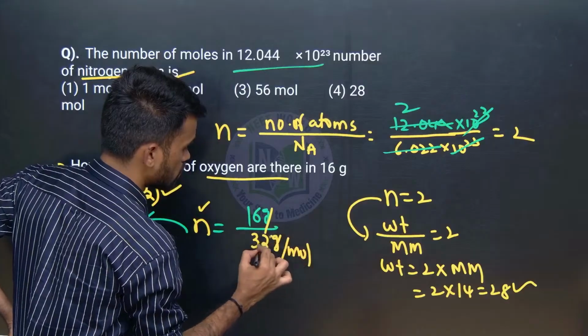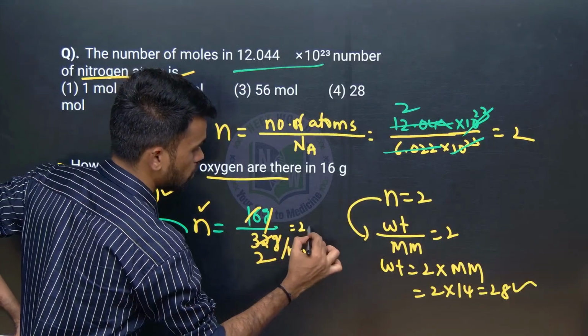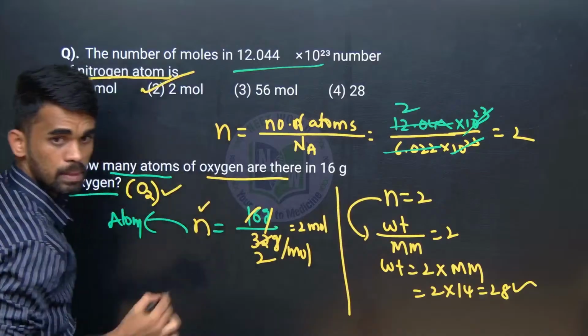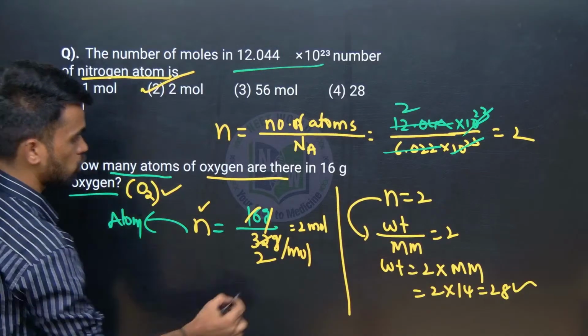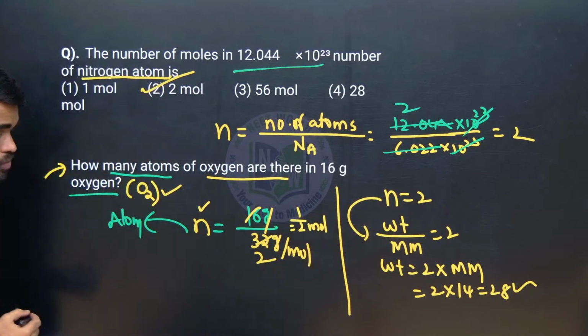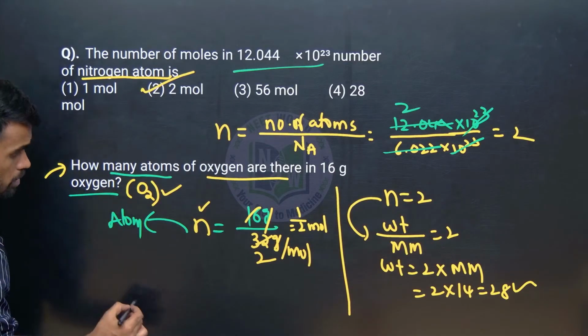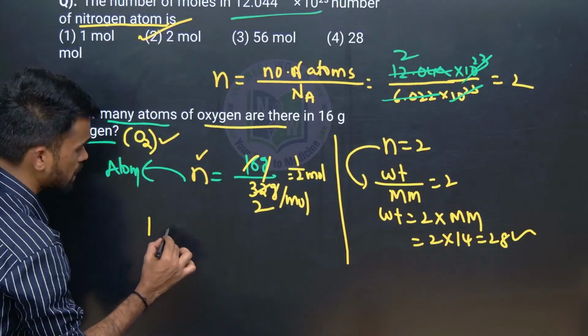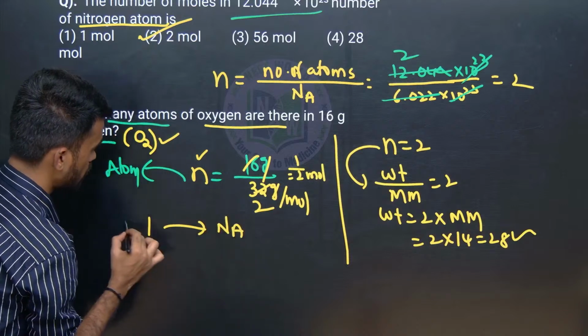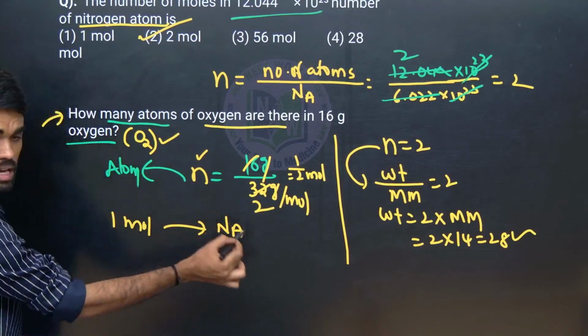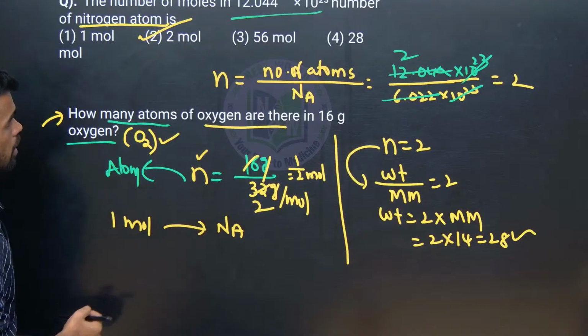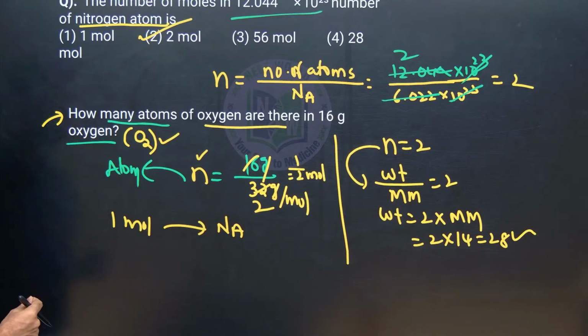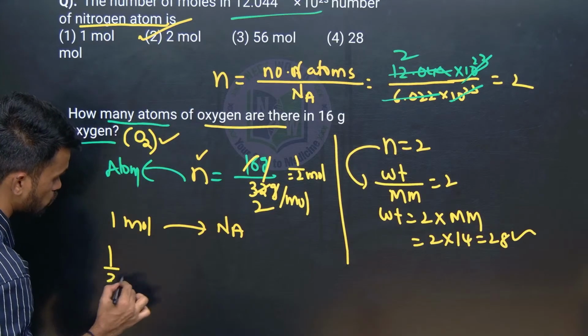So we got 1 by 2 times. So 1 by 2 mole we got. Right? So number of moles is 1 by 2. So now if we have 1 mole, we are saying Avogadro number. But how many we have here? 1 by 2 mole.